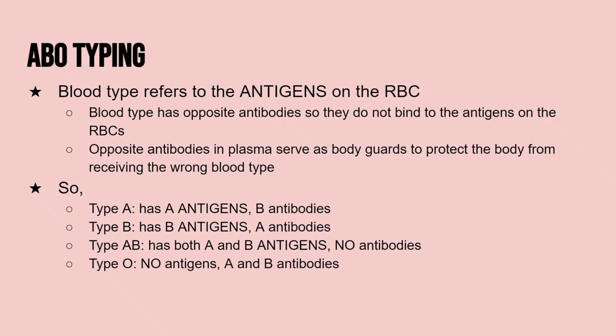Your body is regulated that way because you don't want to have the same antigens as antibodies, because then they'll bind and clot. Type AB has both A and B antigens on its surface, and then you have no antibodies. And type O has no antigens, and therefore you have A and B antibodies.